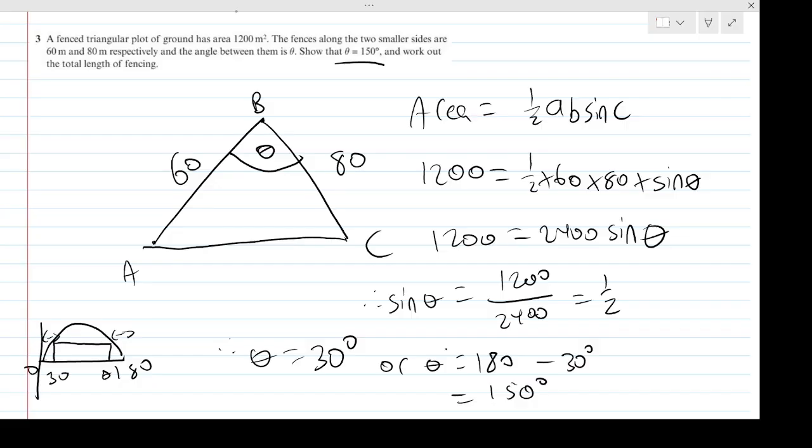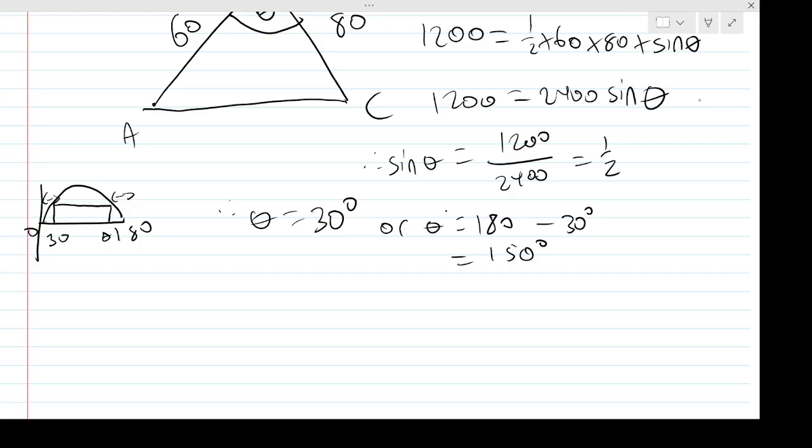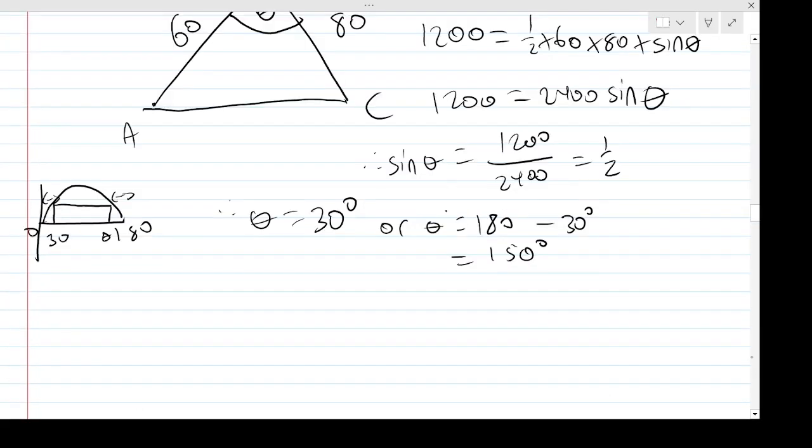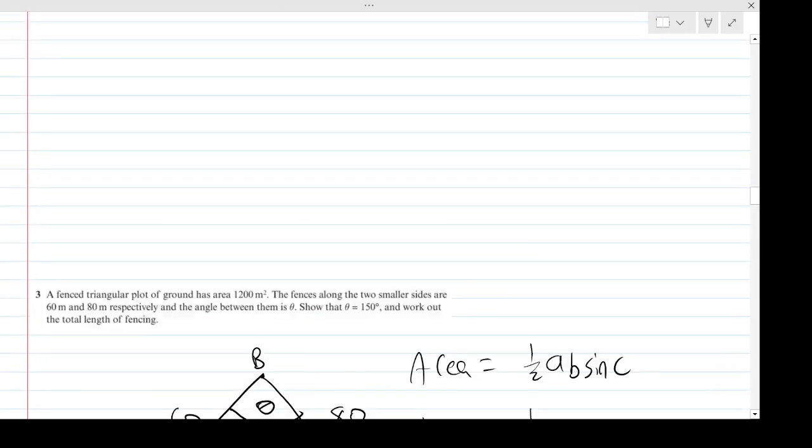It shows that theta is indeed 150. So again, you do need to be considering that ambiguous case, the other solution for an angle, because we needed to get to that particular solution. We've got the solution of 150, which is what the question told us. But why exactly have we got to rule out the 30? Just for peace of mind.